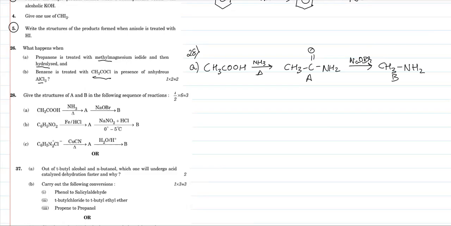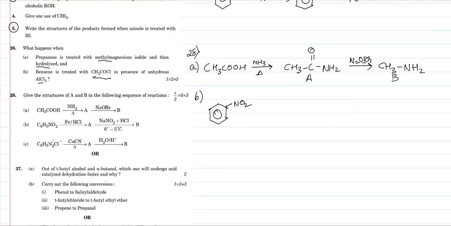Okay, anyways, question B, that is C6H5NO2 reacts with iron and HCl. And usually for benzene reactions, I prefer to write the benzene ring itself as opposed to using C6H5. I don't know why. You can do C6H5. That's again a personal choice, but I like drawing the benzene ring. I think so many years of organic chemistry has done that to me.